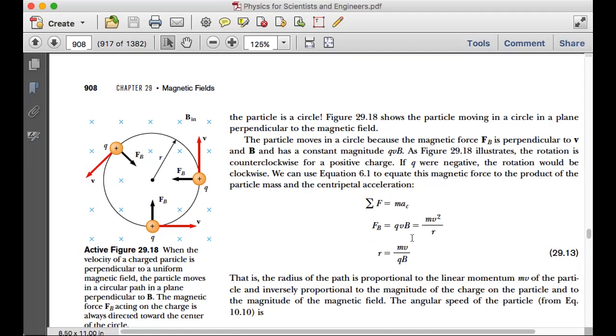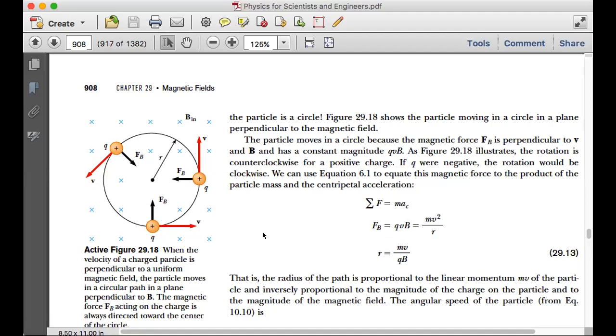Then we only have centripetal acceleration, no tangential acceleration, because F_B here, you see from the picture, F_B is q times v times B. This equals mv squared over r. So we get that the radius of this particle is equal to mv over qB.